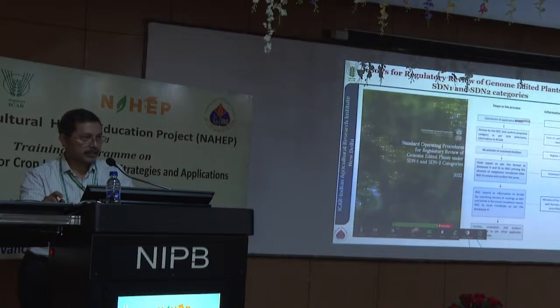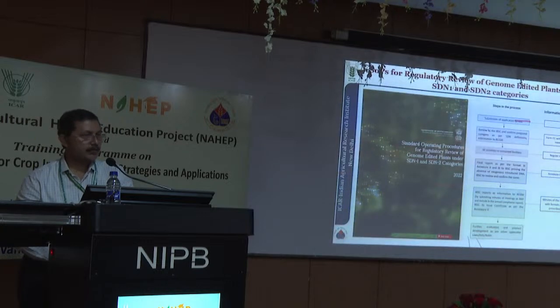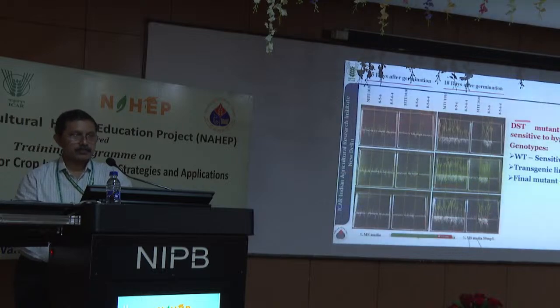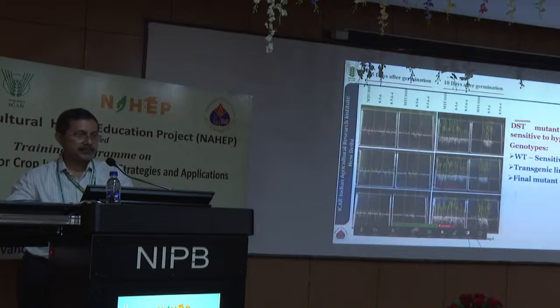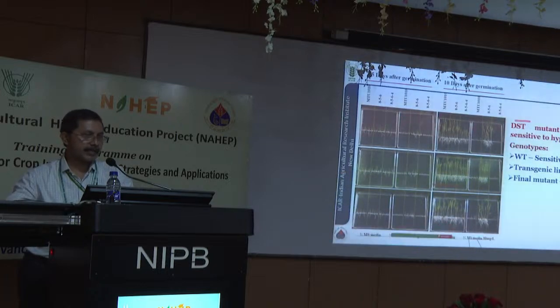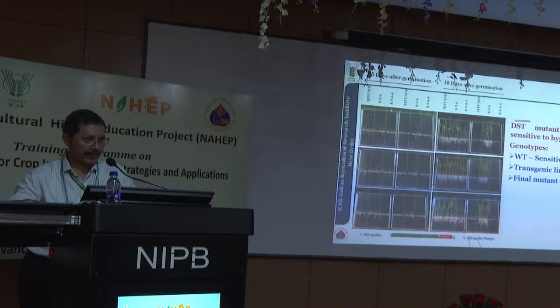You have to show that the mutant plant that you have generated does not have a selection marker by using a phenotypic selection approach. And the second one is by using a simple overlapping PCR approach, you have to show that the mutant does not have any of the foreign DNA that you introduced. For our mutants, we also did the same thing, and you can see the wild type, the transgenic plant, and the mutant from which we segregated and obtained the final mutant.